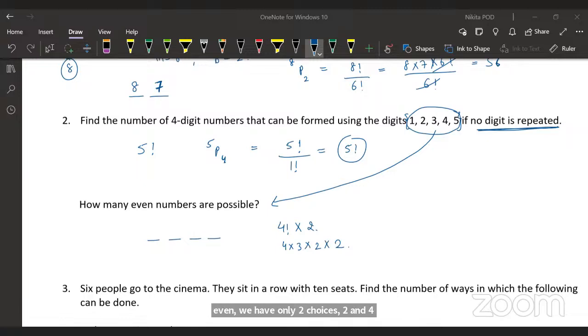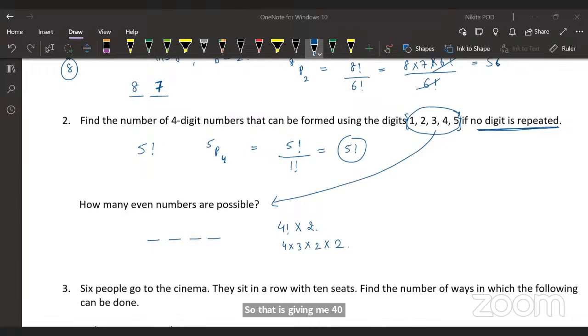So I'm ignoring the 4th digit and first forming a 3-digit number from the 5 digits, which will be 5P3. Then the last digit can be either 2 or 4, so into 2. That is giving me 40.